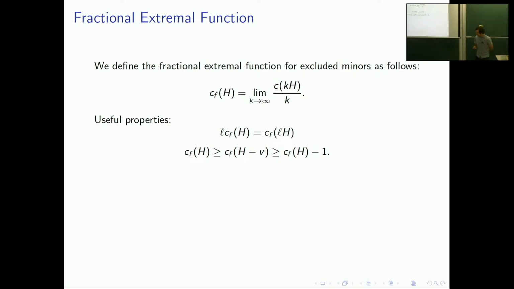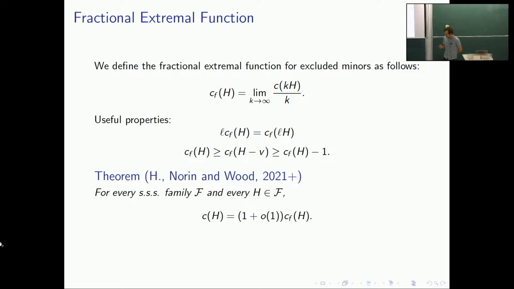So this has some nice properties. If you multiply the extremal function by L, it's the same as taking the fractional extremal function of L copies of H. And also, of course, if you delete a vertex, the fractional extremal function doesn't increase, but it also doesn't decrease by very much. So we get this nice bound here.